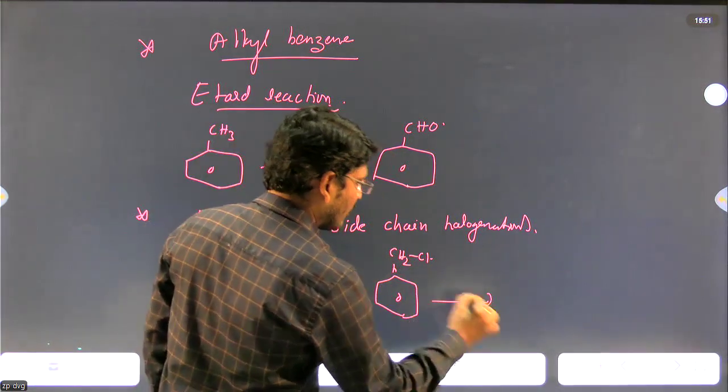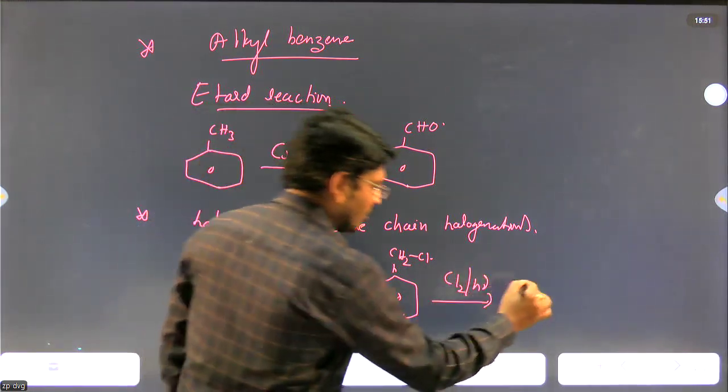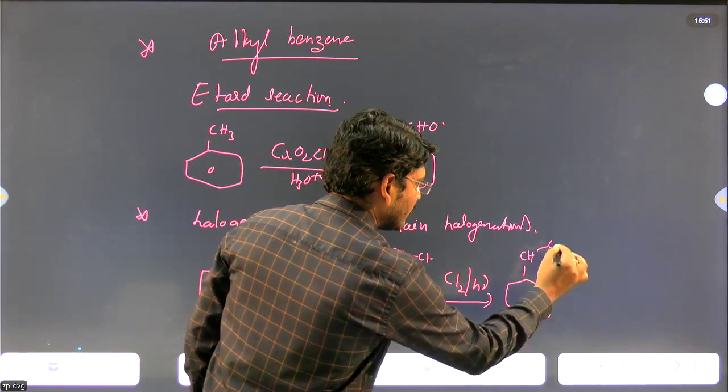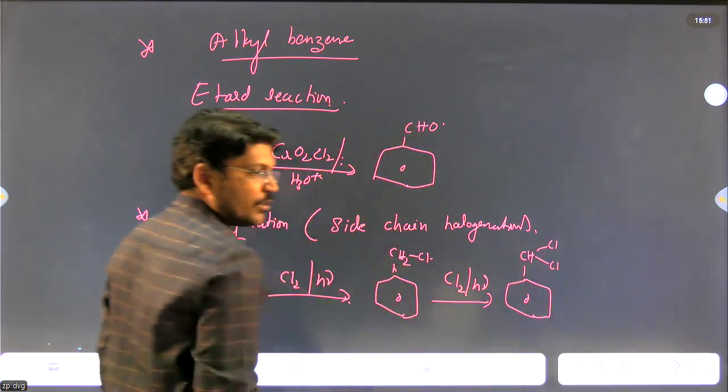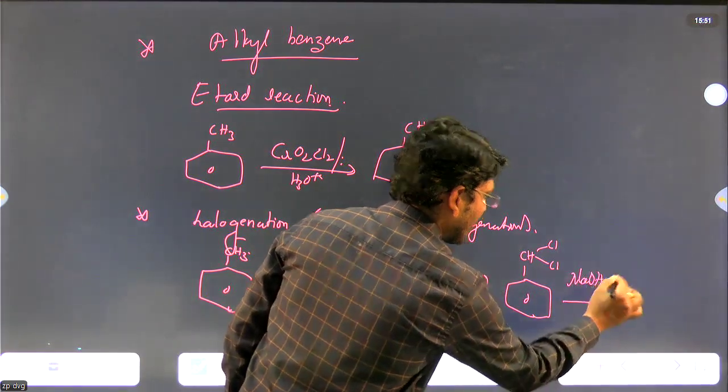When side chain substitution takes place, initially we get benzyl chloride. Benzyl chloride will undergo further halogenation in the presence of sunlight. So again one more halogen will attach here, two Cl come. Then it should react with an excess amount of NaOH.